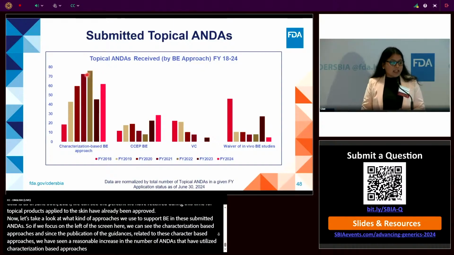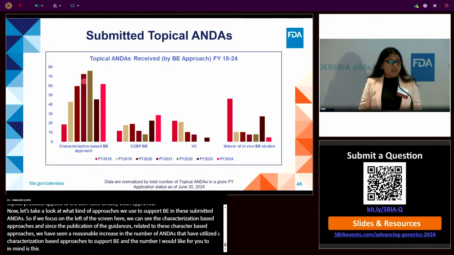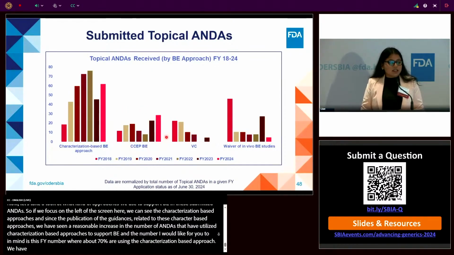And the number that I would like for you to keep in mind is this FY2021 number, where about 70% of the ANDAs used the characterization-based approach. We have also seen consistent submissions for products which have used clinical endpoint BE studies, VC studies when appropriate, and of course waivers when appropriate.